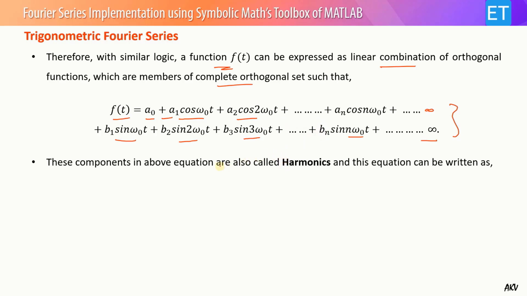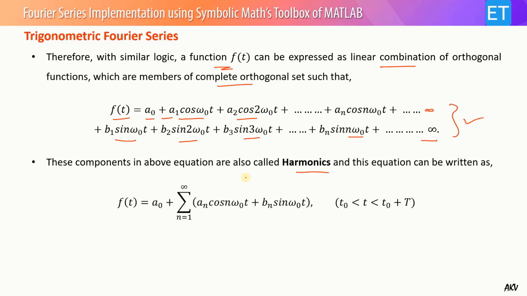So these components, such as cos(omega naught t) or sin(omega naught t), etc., are known as the harmonics. Okay, and this equation can be rewritten like this.